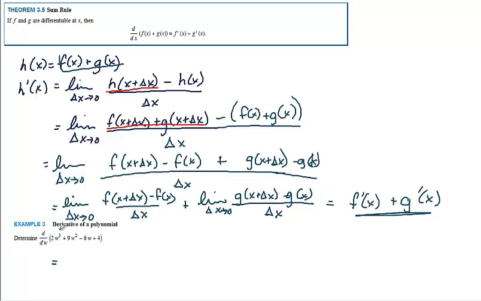This derivative will be: the 3 drops down and multiplies by the 2, that's 6w to the second, plus 9 times 2 because that power drops, that's 18w to the first, minus, since this is w to the first, its power drops, minus 6 times 1, the w then goes to the 0 power, which is a 1, and then the 4, because it's a constant, just drops out. And there's your derivative.